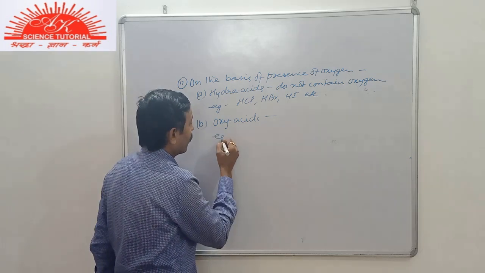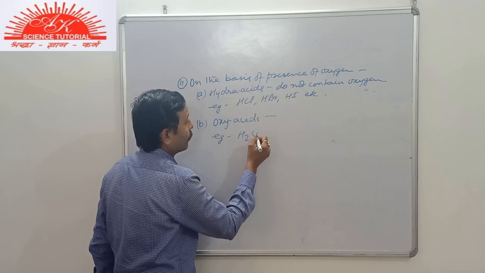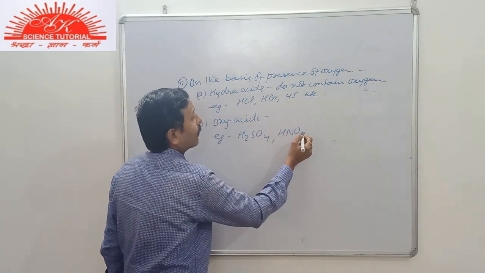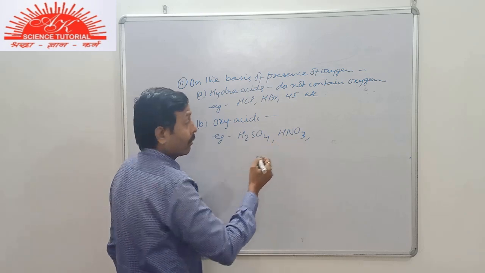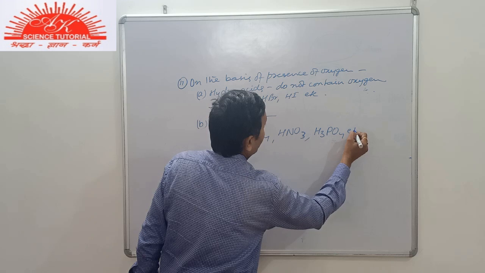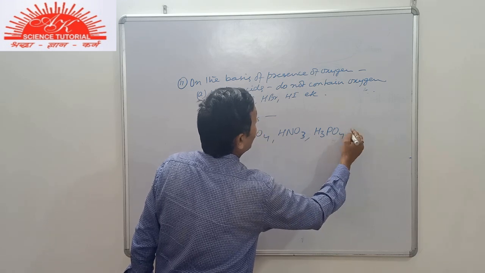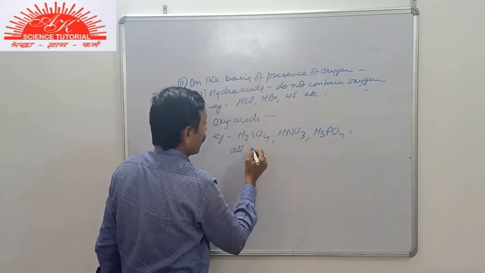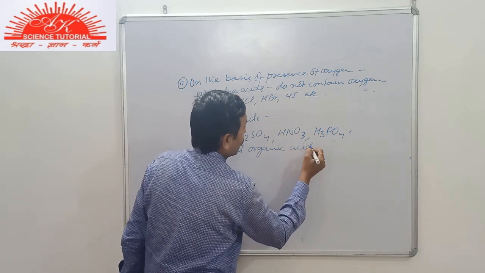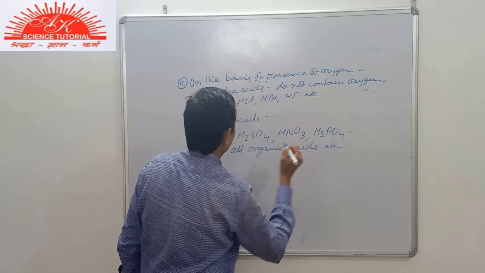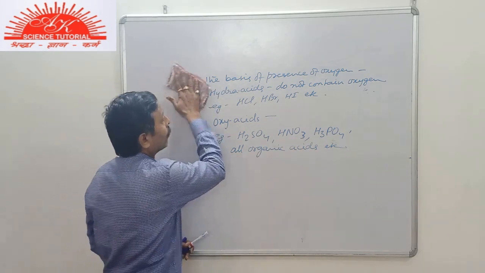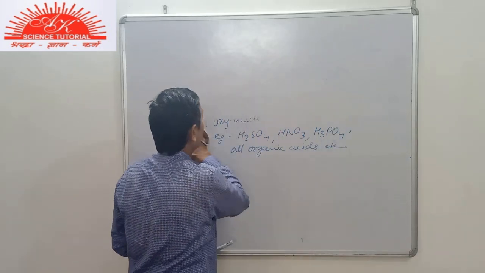Example, H2SO4, sulfuric acid, HNO3, nitric acid, H3PO4, phosphoric acid, and all organic acids, etc. So these are the oxyacids. Now, we have classified it on two bases.